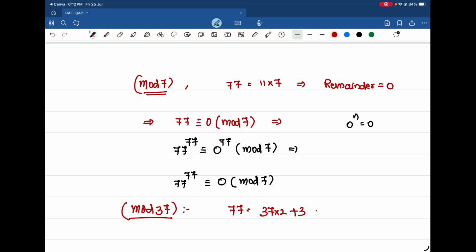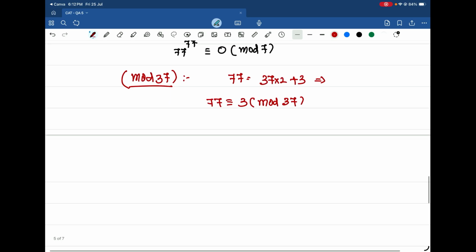Do you agree? That implies 77 is equivalent to 3 mod 37. When 77 is divided by 37, there is a remainder of 3.